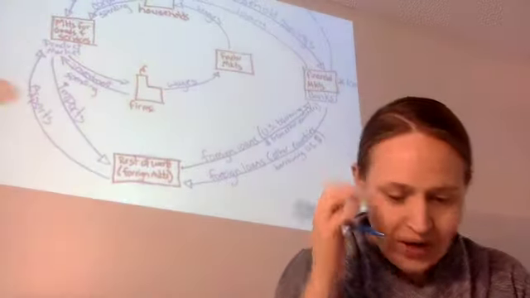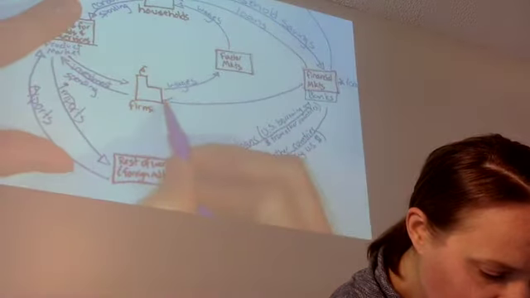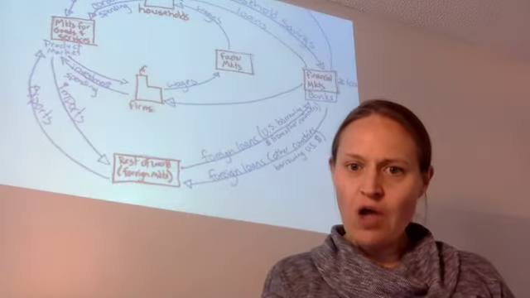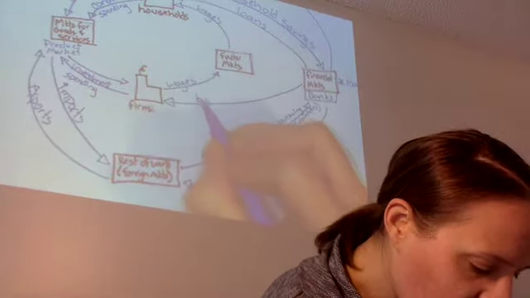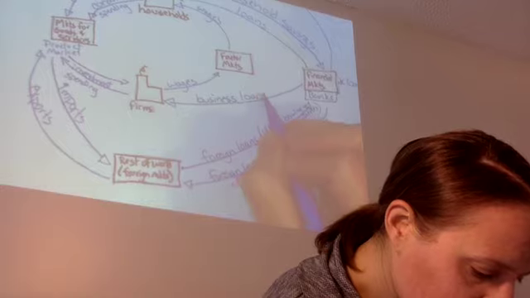We have an arrow going from the financial markets to the firms. So when do banks send money to firms? Well, when businesses or firms take out loans. So that line is called business loans.